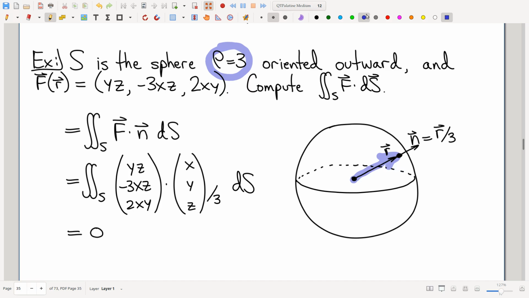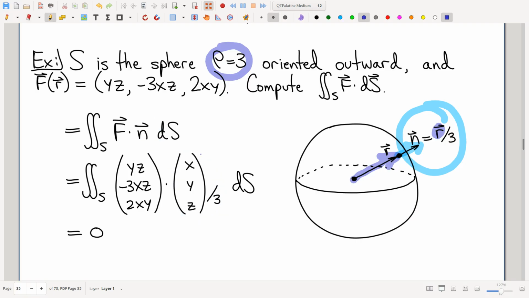And that being the case, if you want a unit vector perpendicular to the surface, then you just divide the position vector by its own magnitude. Boom, now you have a unit vector. Very convenient to write that down, and there you go.